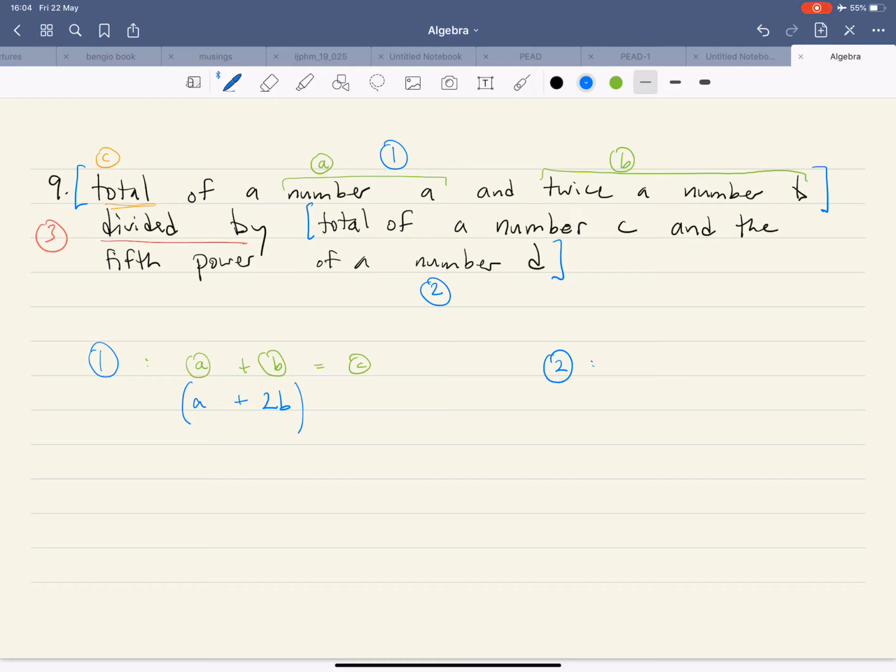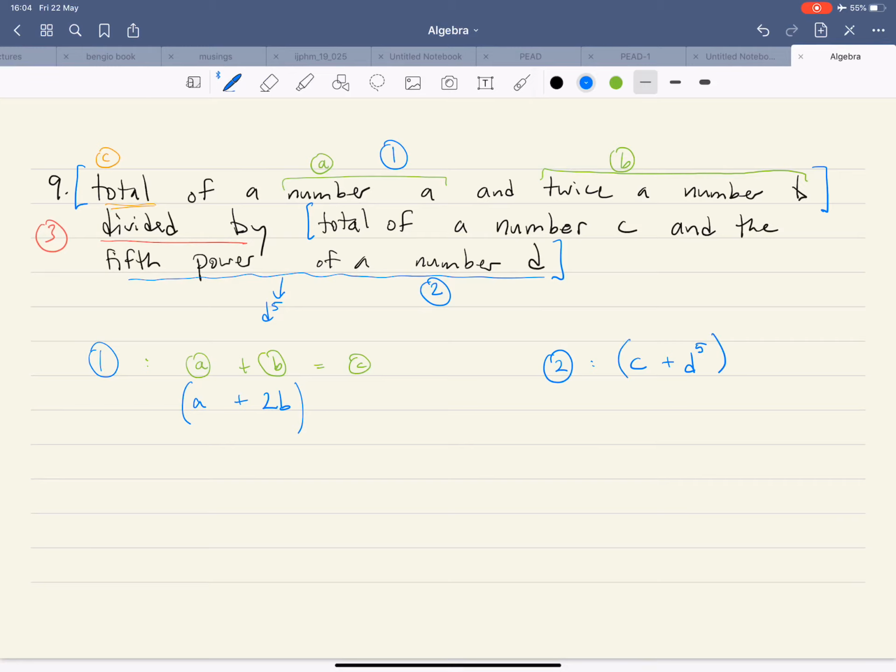Sub-expression number 2 is going to be total of a number C. I've got a number C and the 5th power of a number D. Total tells me I'm going to sum these, and it's not just going to be C plus D, it's going to be D to the 5th, right? The 5th power of a number D is D to the 5th. So this 5th power of a number D translated to D to the 5th.